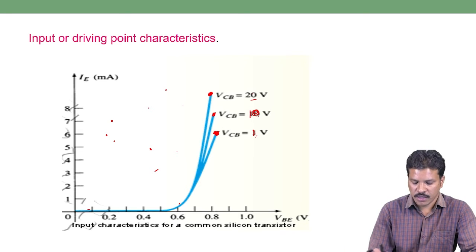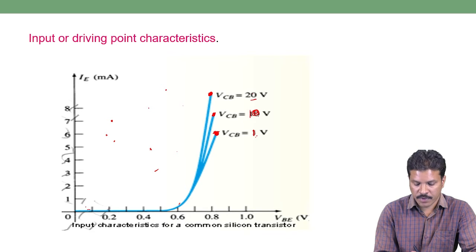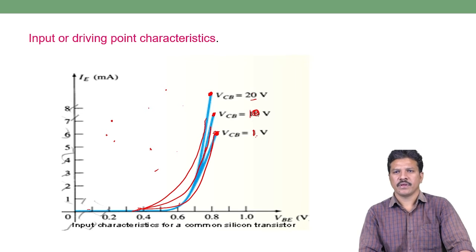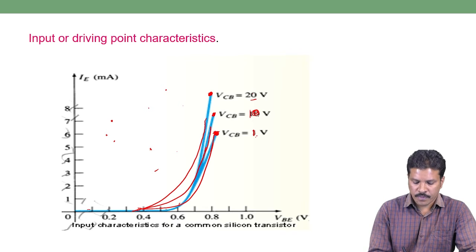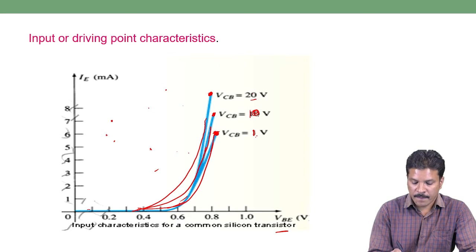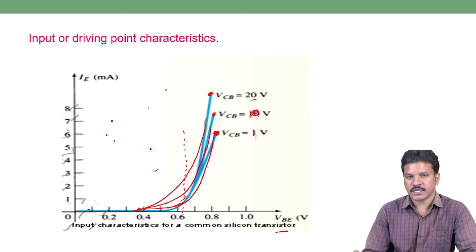Here, if you take the graph, I am taking it this way in order to explain clearly. This is the first graph, this is the second graph, this is the third graph. Now, this is the base-to-emitter voltage. I am taking a constant line here.